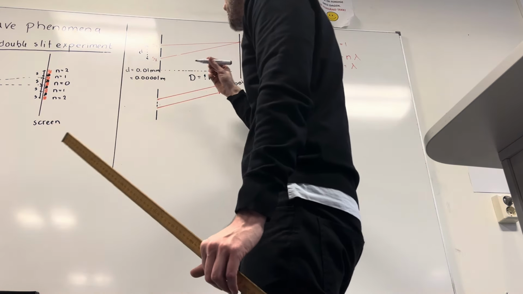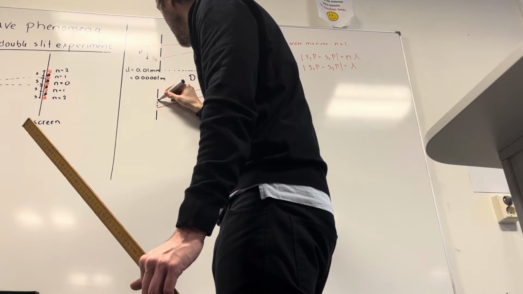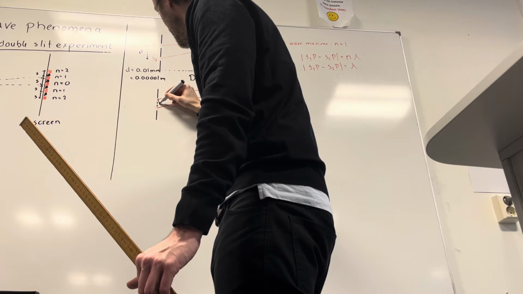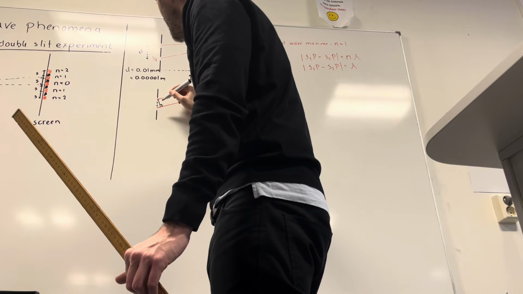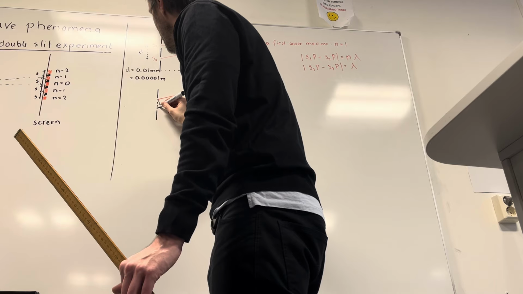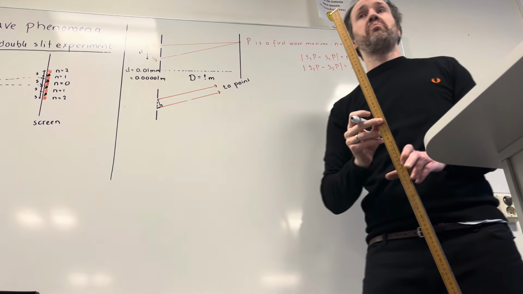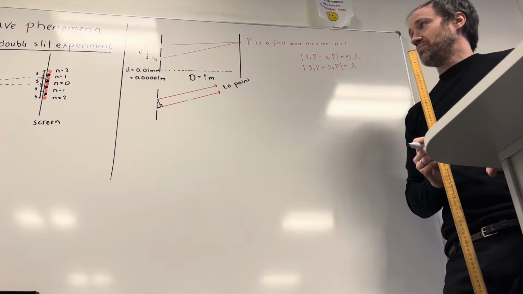And the path difference can be found if I draw this line here, hitting this one at a 90-degree angle. This little piece here, that is the path difference. Path difference is S or D?